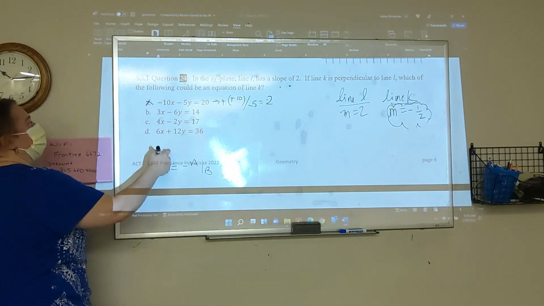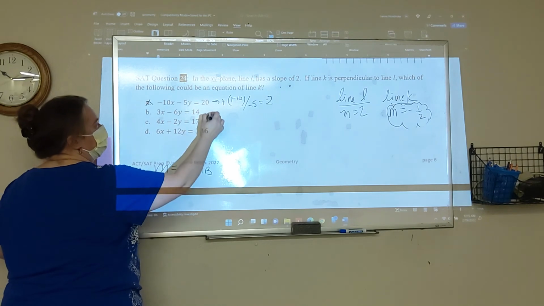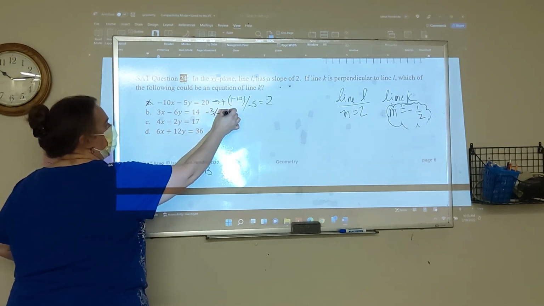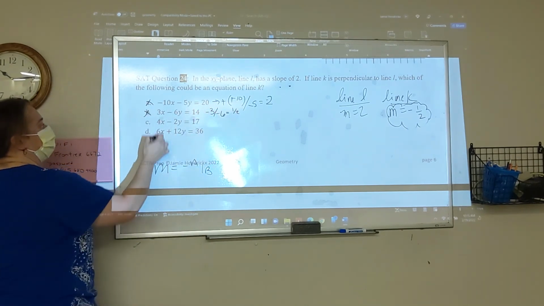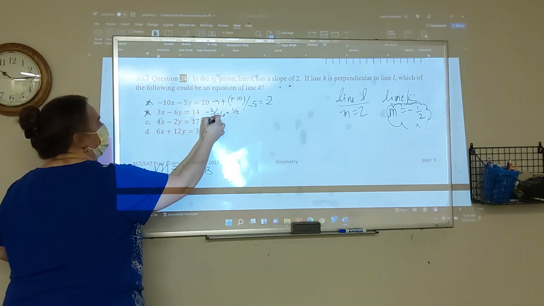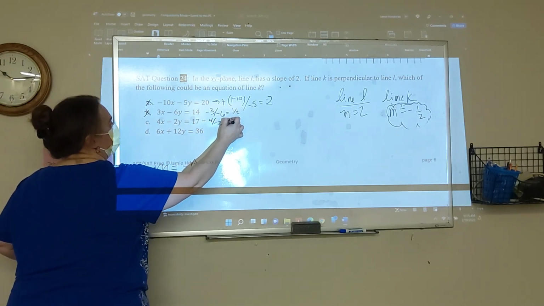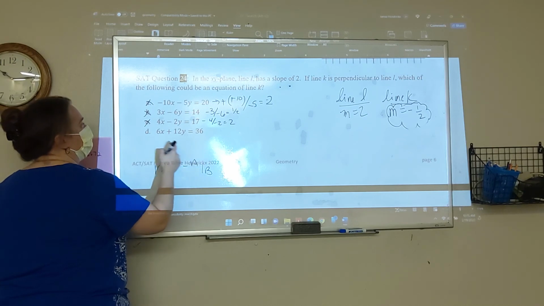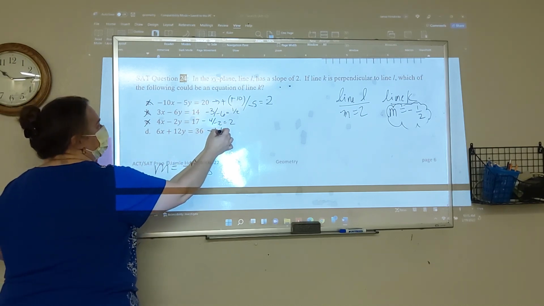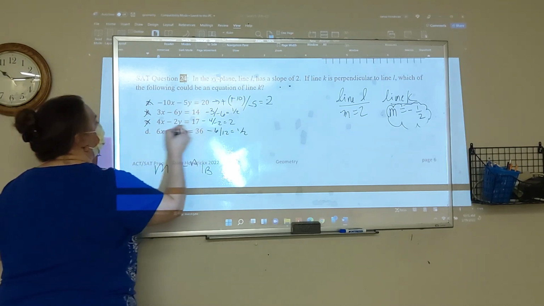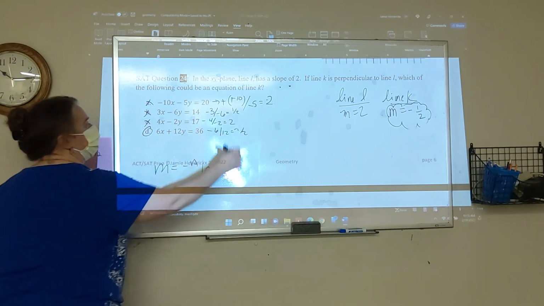So that fails. For B, -a over b would be -3 over -6. That's positive 1/2, not -1/2. For C, -a over b, -4 over -2. That's positive 2. And D, I got -6 over 12. That's -1/2. So that'll do the trick.